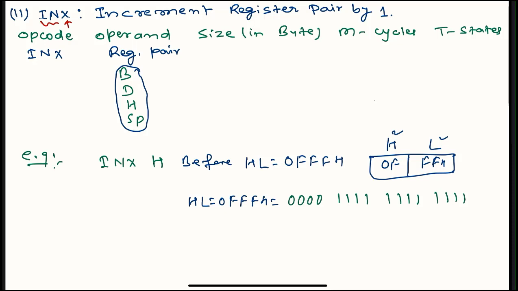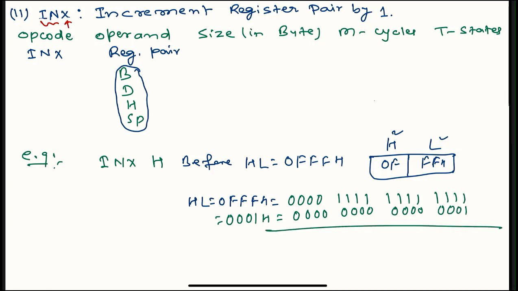Now it should be incremented by 1, which means we need to add 1, that is 0001H. In binary we write twelve 0s and then 0001. Now we perform the addition.